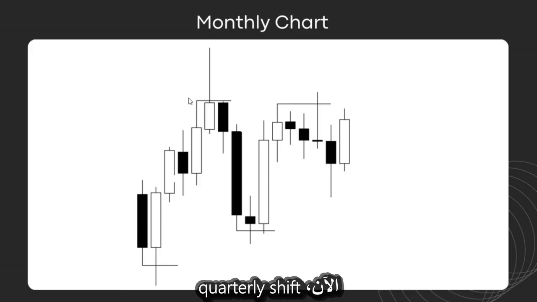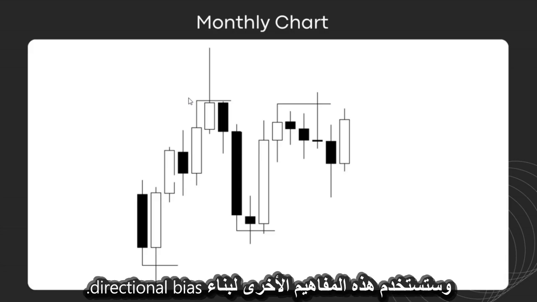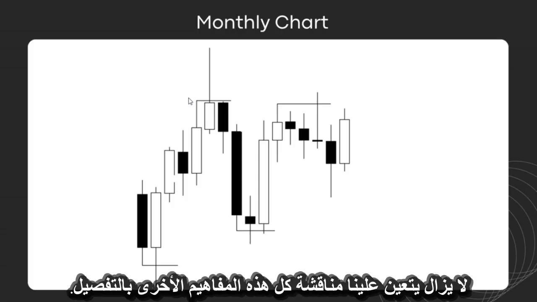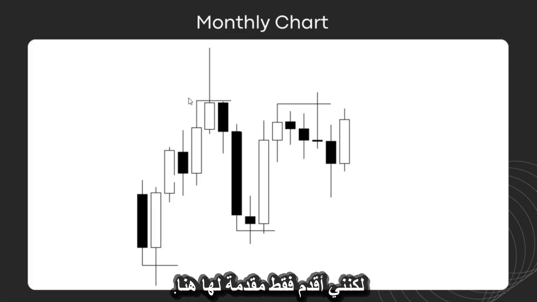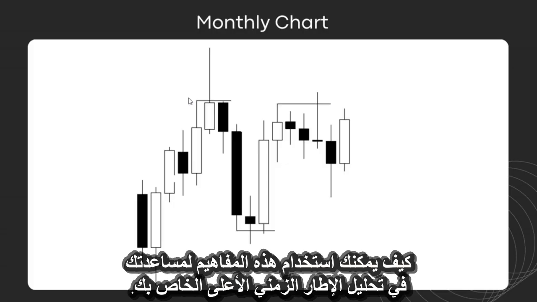Now, quarterly shifts and seasonal tendency are going to help you build a narrative, and you're going to use these other concepts to build a directional bias and frame a trade idea. Now, we still have yet to discuss all these other concepts in detail, but I'm just giving an introduction to them here. And throughout the next levels of CPI, we'll discuss how you can use these concepts to assist you in your higher time frame analysis.